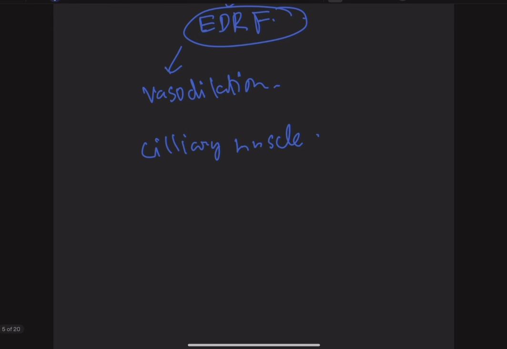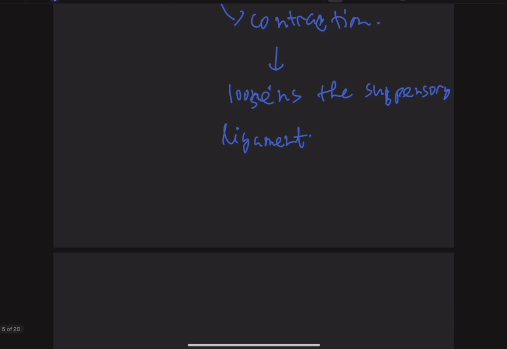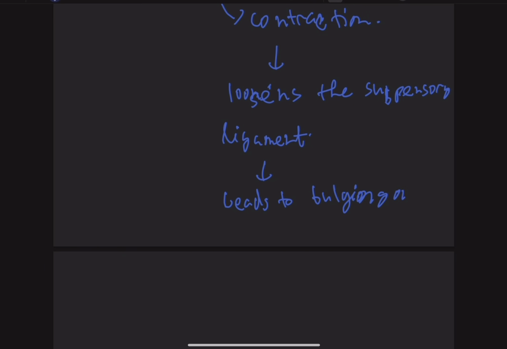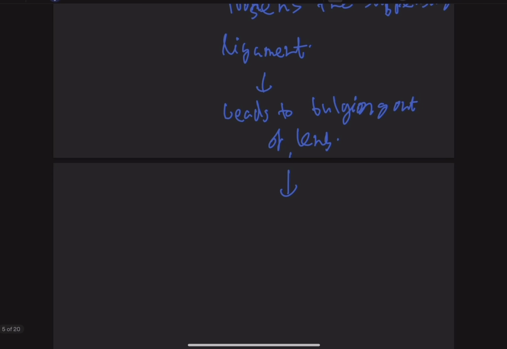And in the ciliary muscle, it causes the contraction of the ciliary muscle, and this loosens the suspensory ligament, leads to bulging out of the lens, and it causes accommodation for the near vision.